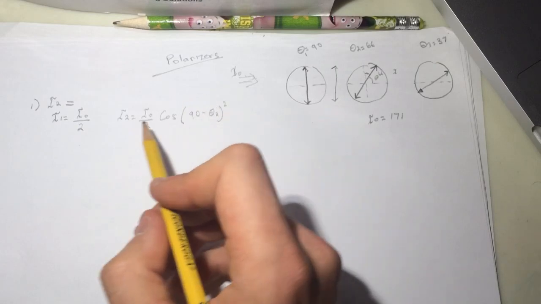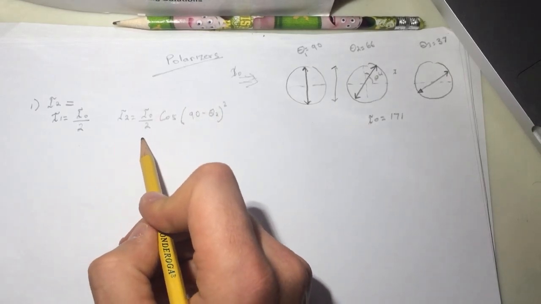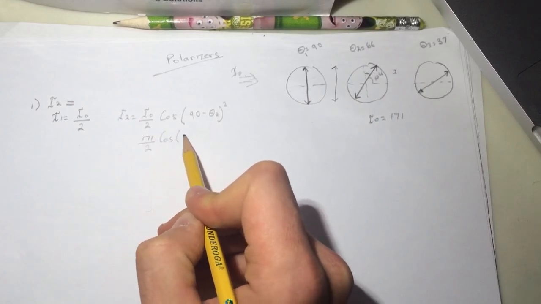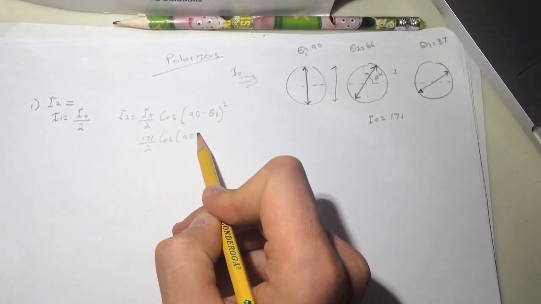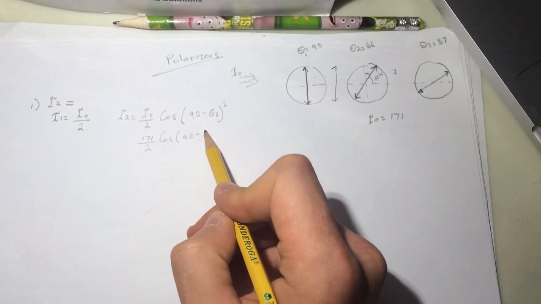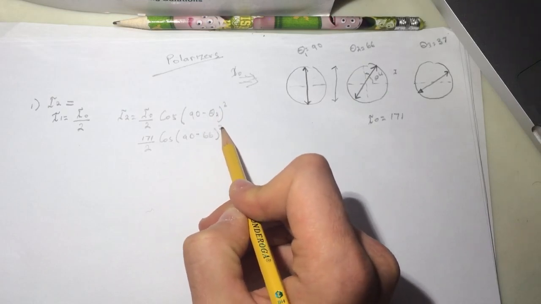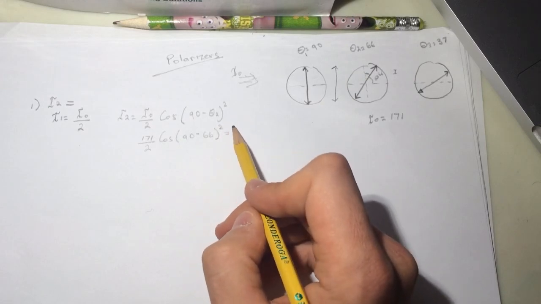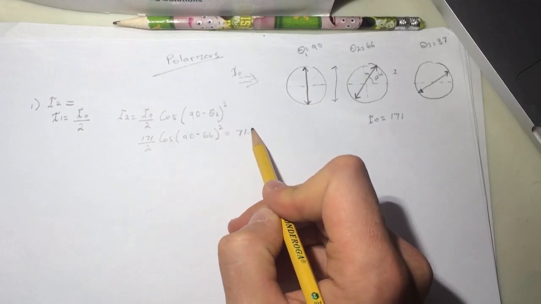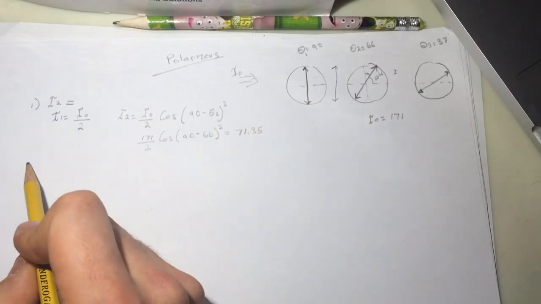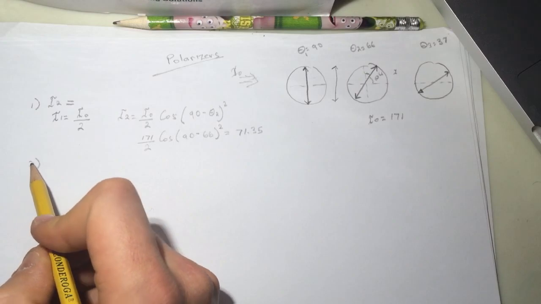Let's plug in some numbers: 171 divided by 2 times cosine of 90 minus theta 2, where theta 2 is 66, squared. Then I get 71.35.